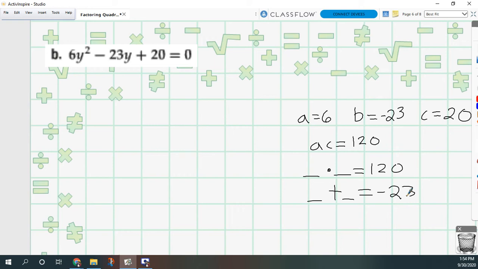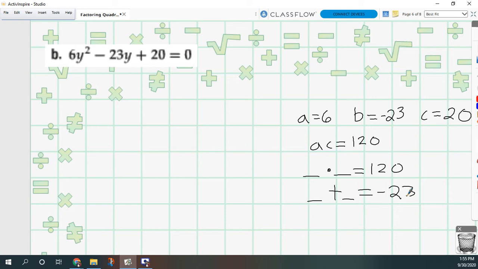If we had 5, we would have 5 and 24. 6 would be 6 and 20. And then skip 7, and then we have 8 and 15. Well, 8 plus 15 is 23.